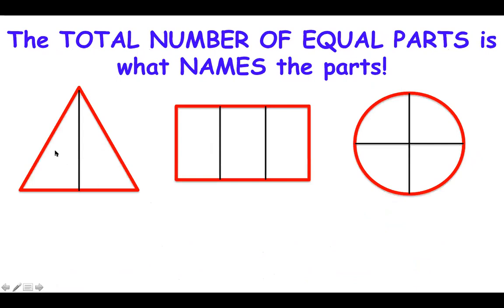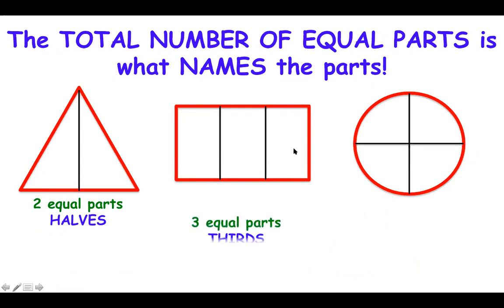We also know that the total number of parts inside of a whole shape tells us the name of the part. So if in this whole triangle there are 2 equal parts, then they are called halves. This is 1/2, this is another half. If in this whole rectangle there are 3 equal parts, 1, 2, 3, then we know that 3 equal parts are called thirds.